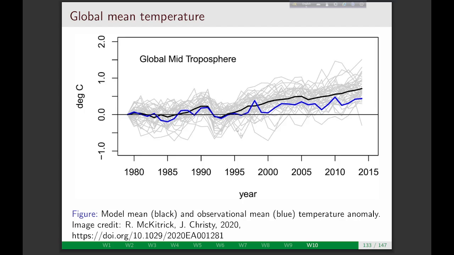Now, here you can see that there are multiple outcomes shown in gray, and we have taken the black one, which is the mean of the output. There is a reason why we have taken the mean.